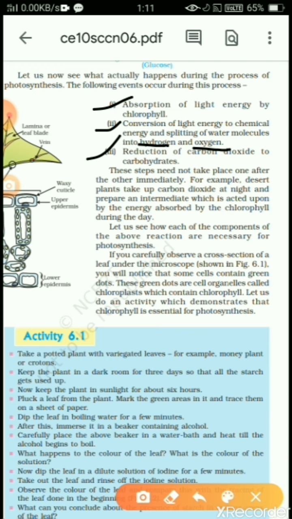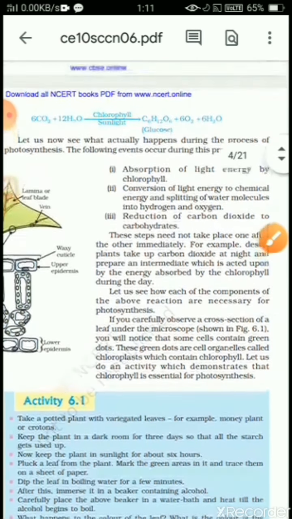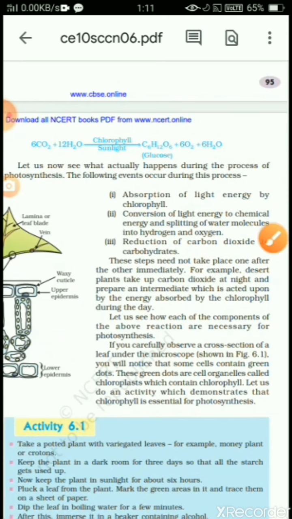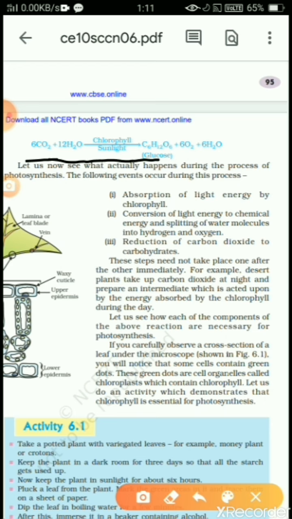Next is reduction of carbon dioxide to carbohydrates. Here in this equation you see that carbon dioxide is reduced into glucose.